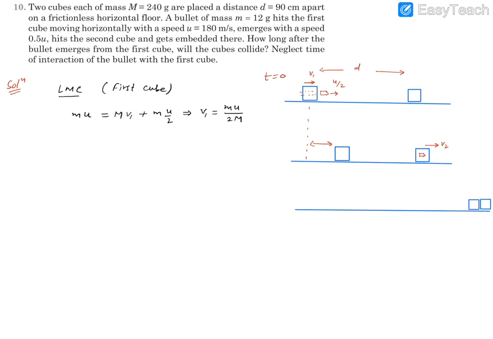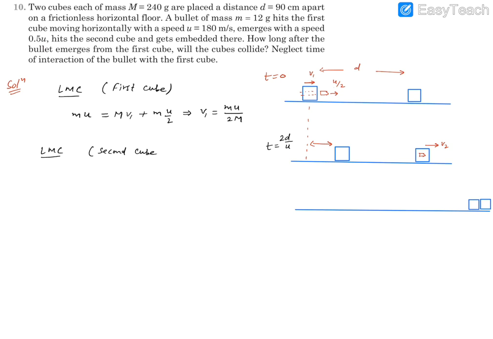Then we can find the time. t is equal to d divided by u by 2. Why? Because moving with u by 2, the bullet has to travel the distance d, so this time is going to be 2d by u. Now we can consider linear momentum conservation for the second block or cube.